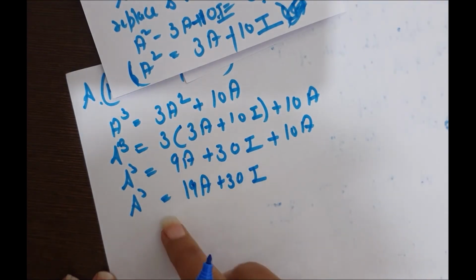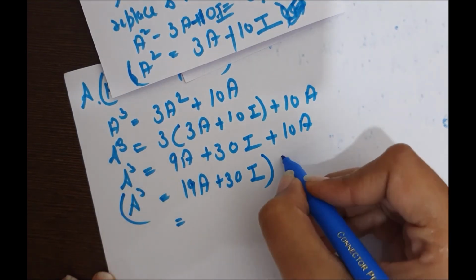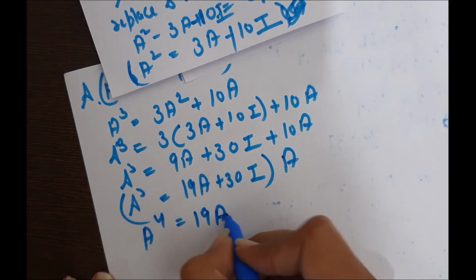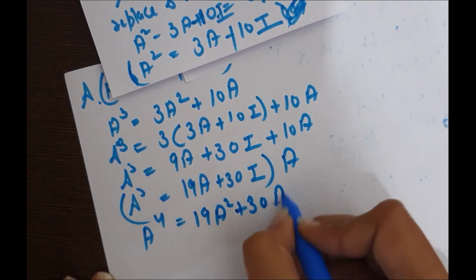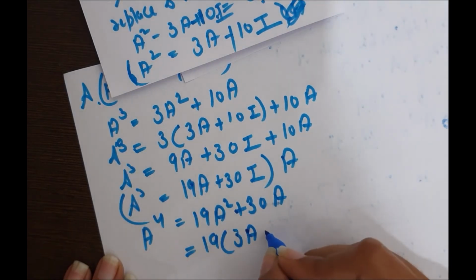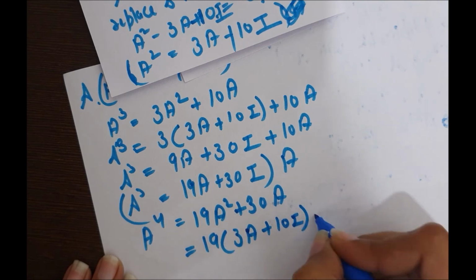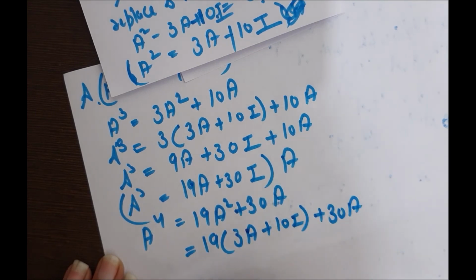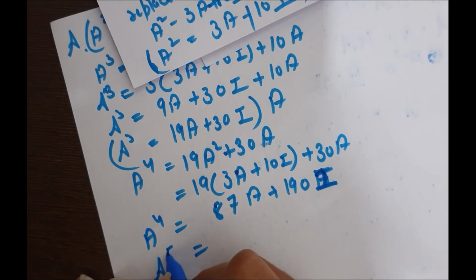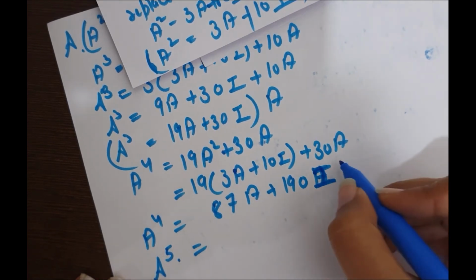We get A cube. Again multiply this A cube with A. Again replace A square. This is A4. Now again multiply A4 with A.